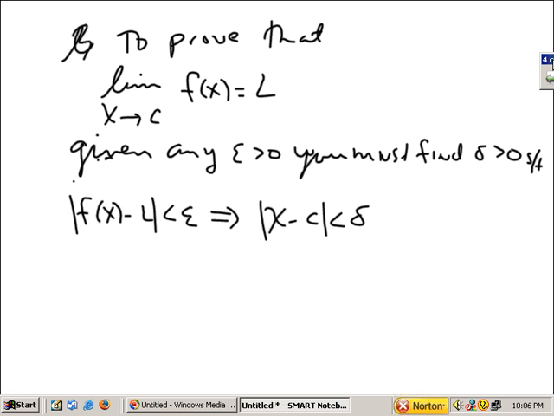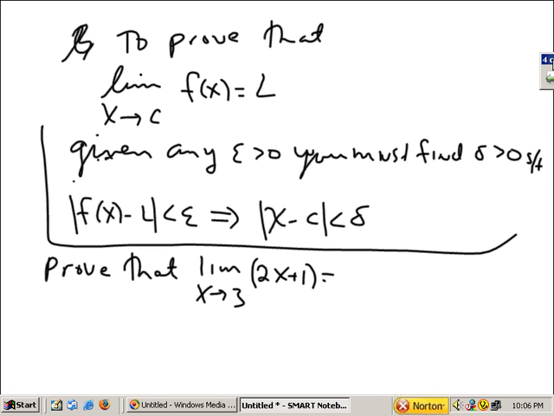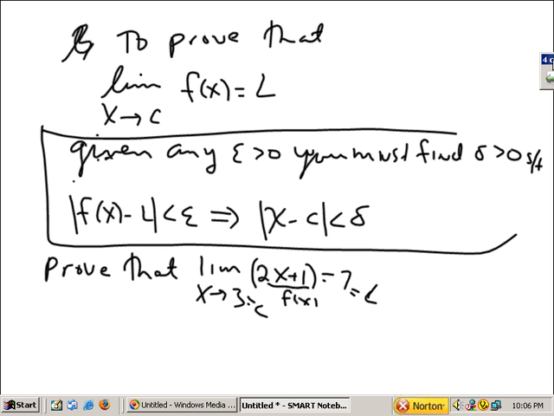Alright, so for example, suppose I say prove that the limit as x goes to 3 of 2x plus 1 equals 7. Remember, this is C, this is L, and this is f of x. So I must show that. But here's the proof.